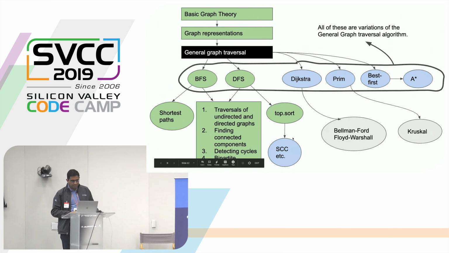We don't cover this as part of the first 2 months, just because we want to understand how these algorithms are designed from scratch. We don't want to just remember their names. So Dijkstra and Prim are good examples of greedy algorithms. Best first, A star, add something called branch and bound. Bellman-Ford, Floyd-Warshall, they use dynamic programming.